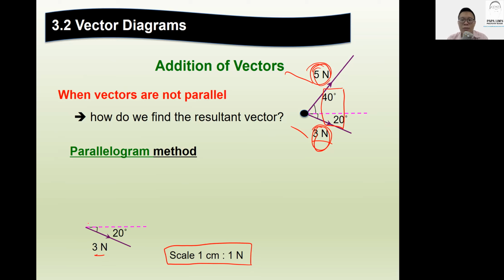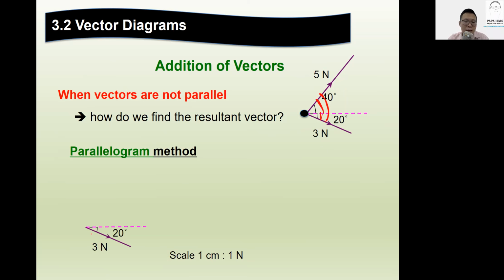The first rule of the parallelogram method, I always tell my students, is monkey see, monkey do. If I see 3 Newton here, I label 3 Newton, not 3 cm. After that, I make sure that my angles and perspective are correct. Based on what I see, the 3 Newton is 60 degrees away, or 20 degrees below and 40 degrees above from the 5 Newton.